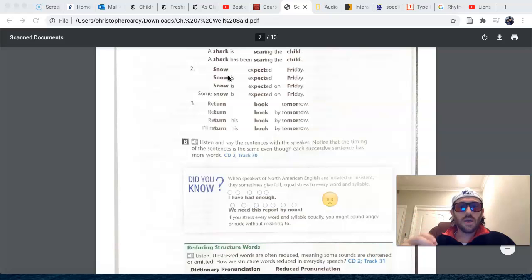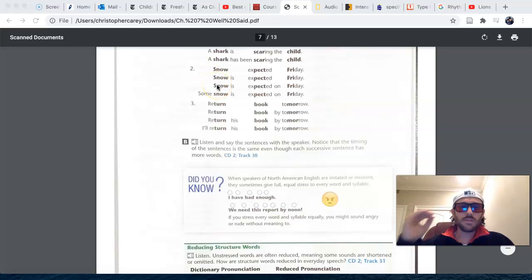Snow expected Friday. Snow is expected Friday. Snow is expected on Friday. Some snow is expected on Friday. Ba-ba, ba-ba-ba, ba-ba, right?